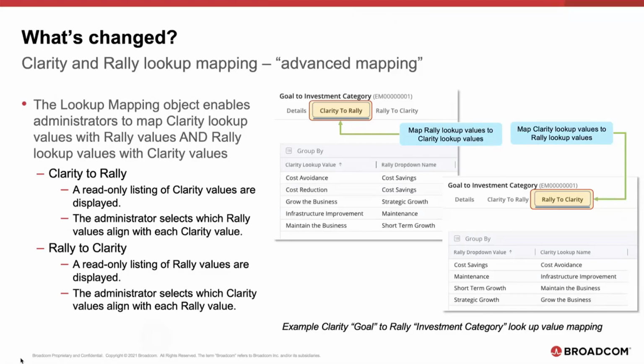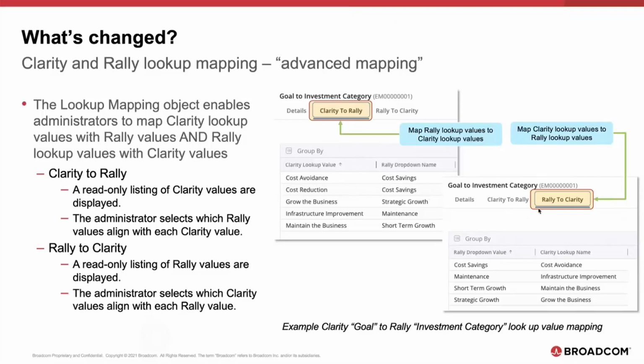In this example, when a Clarity user selects the goal of cost avoidance, the Rally investment category will be updated to cost savings. Using the example above, those are the map values for the Clarity to Rally direction.